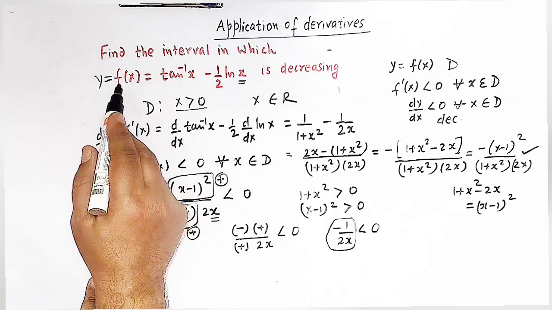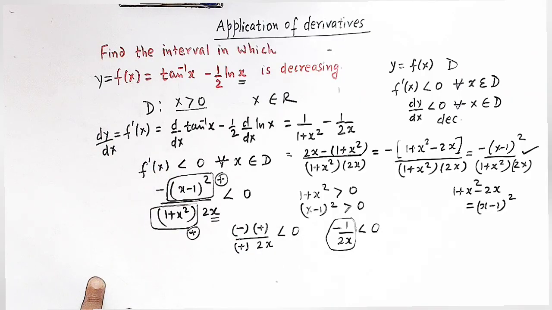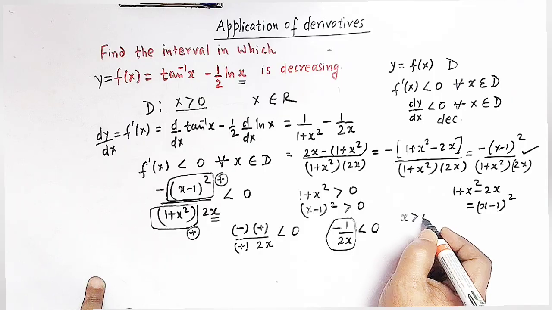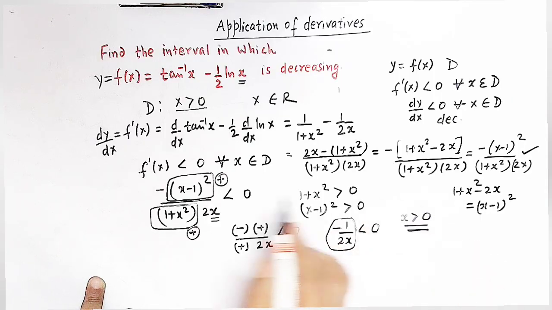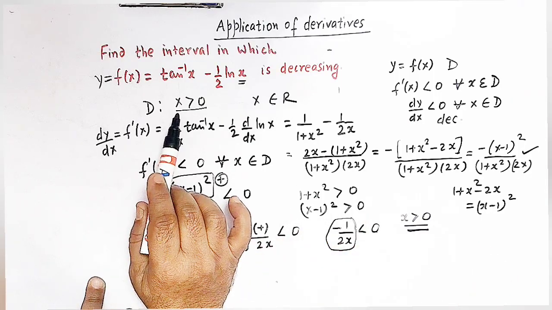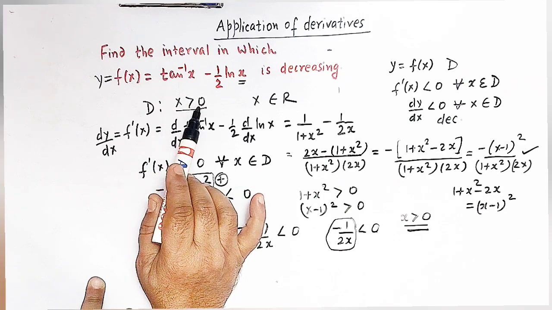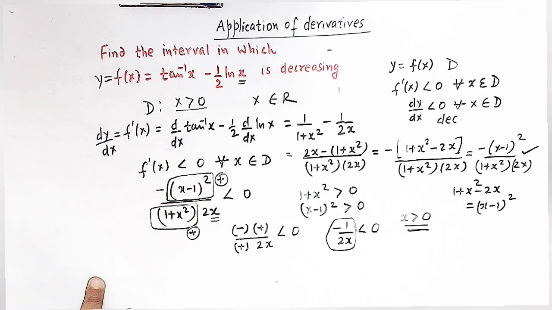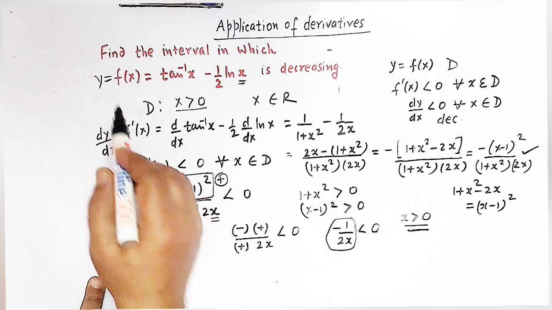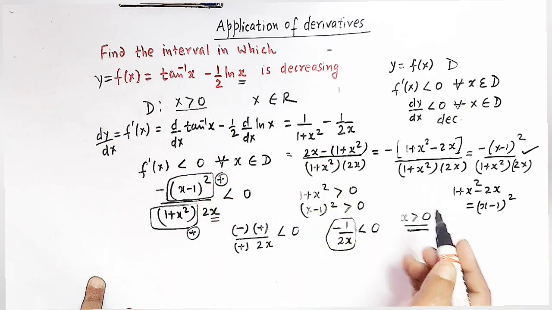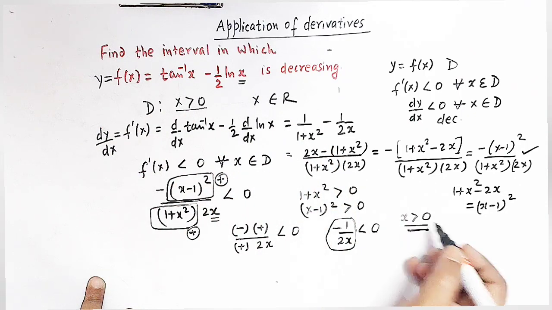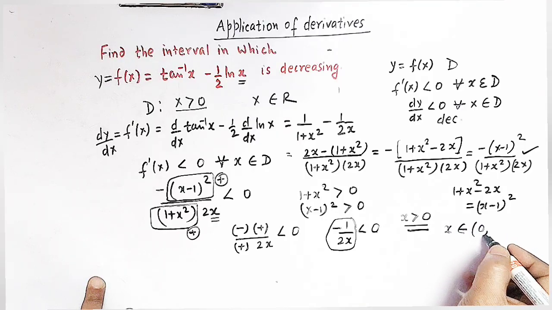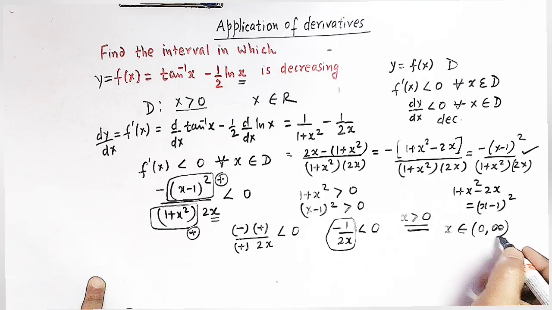So this function f of x is a decreasing function when x is greater than 0, and we can see that x greater than 0 also constitutes the domain of the function, right? So f of x is a decreasing function whenever x is greater than 0, or x belongs to this interval, that is 0 to infinity.